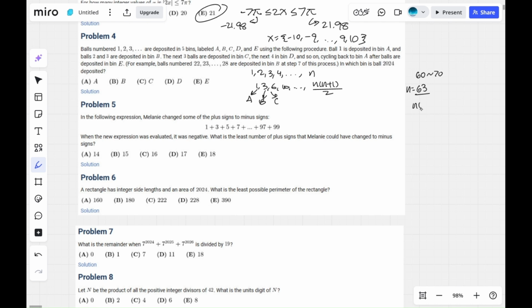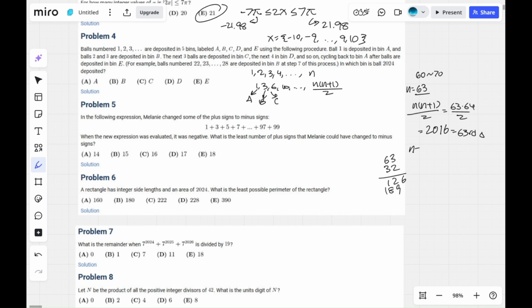So n times n plus 1 over 2 is equal to 63 times 64 over 2, which is equal to 63 times 32. And we're going to multiply that, which is 2016. So this is the 63rd triangular number.